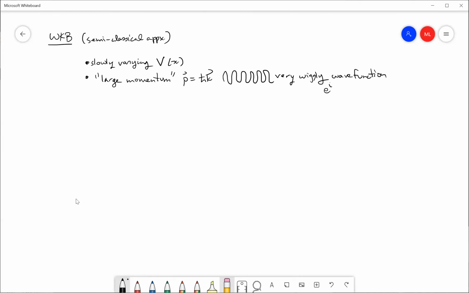Because if we have a free particle, the wave function is a plane wave, and the wiggliness gets larger with larger k. So the idea is you have a potential, and you can use this to study all kinds of things: transmission, scattering, bound states. But it's the usual thing where we have a potential V and some fixed energy.